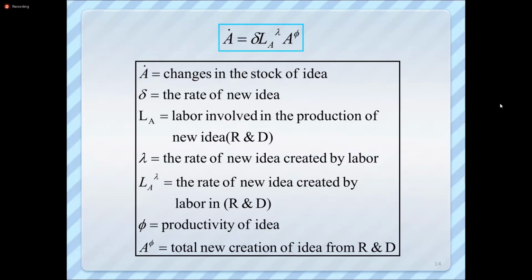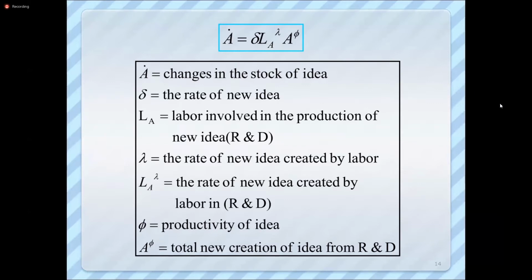So, class, there are two important equations. One is the production function. The production function looks at Y, which is a function of K, L, and A. What we are trying to do now is to elaborate and look at what actually determines this A.